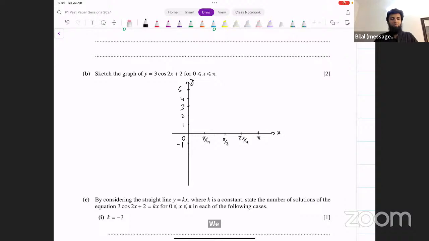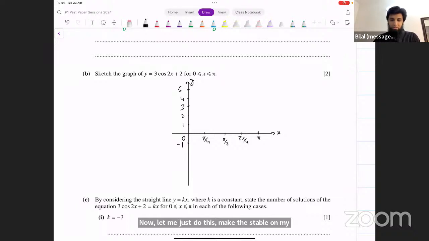Okay. Now let me make this table on my calculator and see what that gives me. Make sure your calculator is in radian mode because the angle is in radians here, and then make the table. Okay, so it's 3 cos of 2 times x plus 2. That's the function.